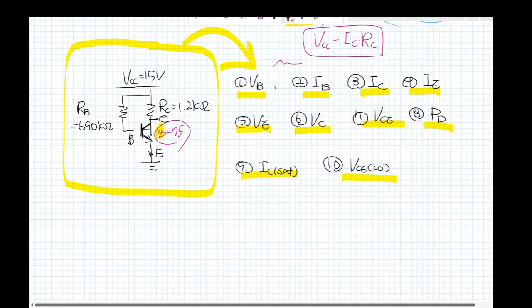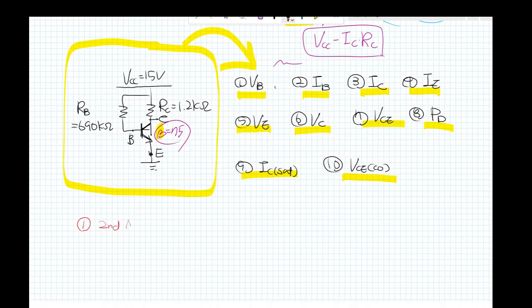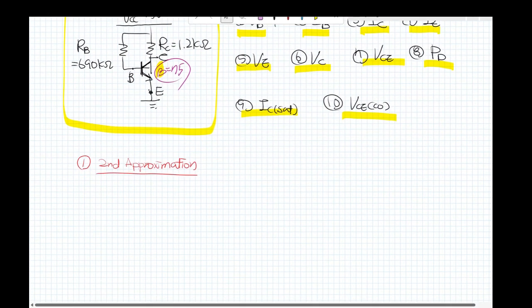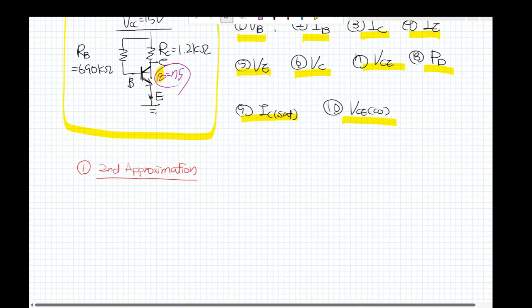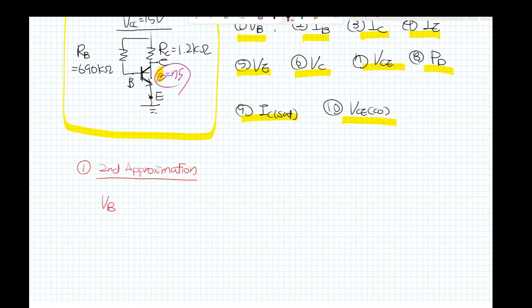What is V sub B? From the circuit, there is the second approximation, V sub BE is 0.7 volt.